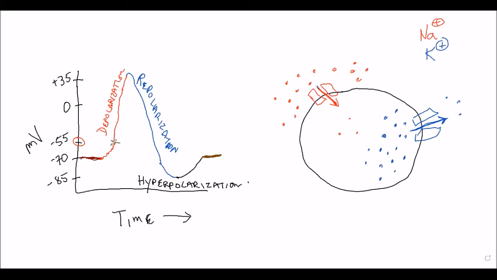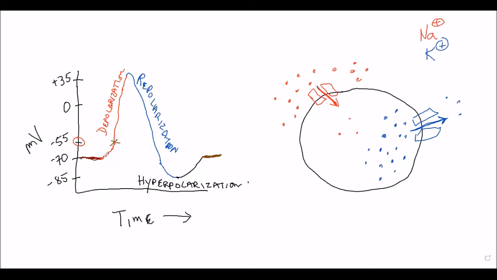This is important right here. If it reaches negative 55, you'll have a full action potential. There's no such thing as a partial action potential. You either have an action potential or you don't. We refer to it as the all or none principle.